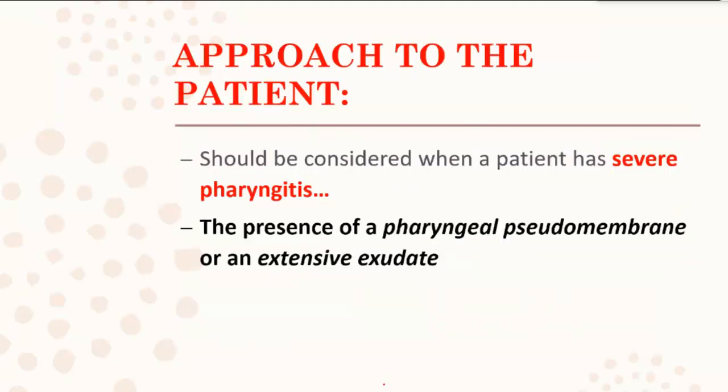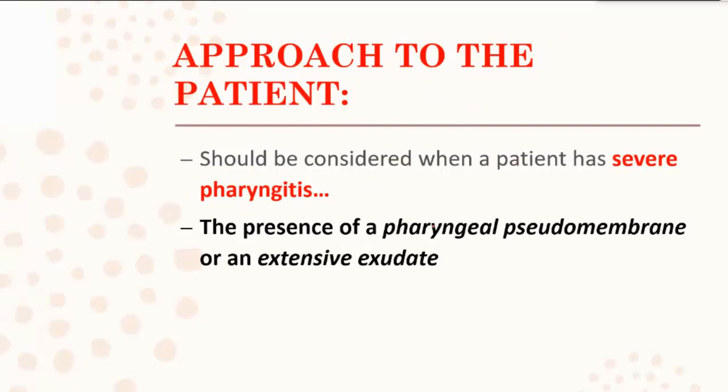So how to approach a patient presenting with, وعادة presentation, sore throat. So this disease should be considered when a patient has severe pharyngitis. So it is not the usual form of pharyngitis. Most patients will complain of a simple sore throat and resolve. A patient with diphtheria usually has very severe disease. The patient is very toxic, with very severe sore throat, and even cannot swallow. Even dysphagia may occur.